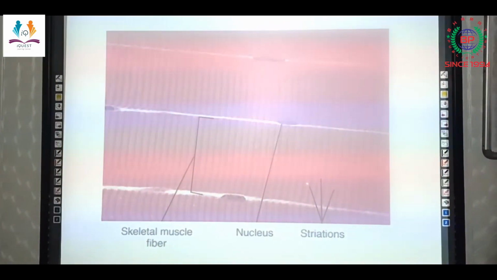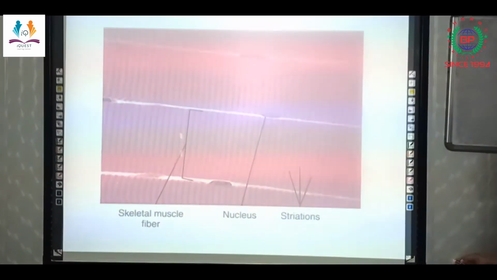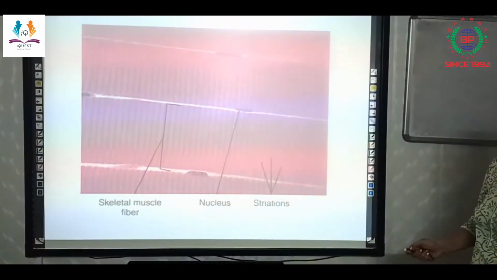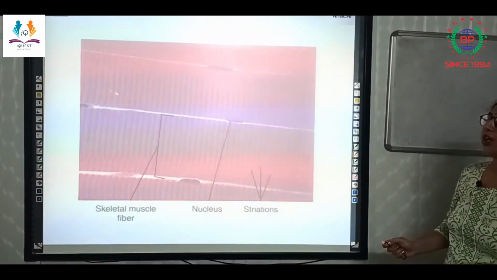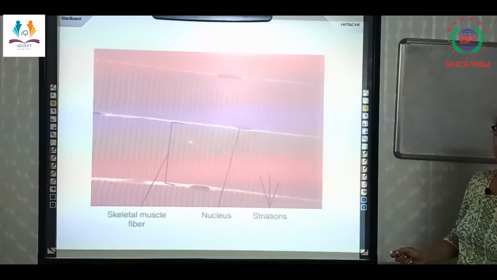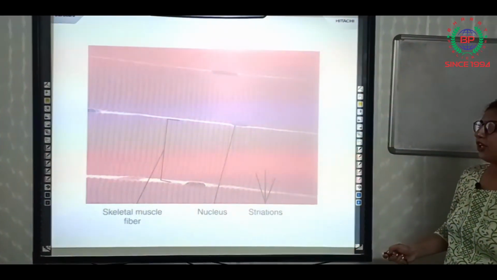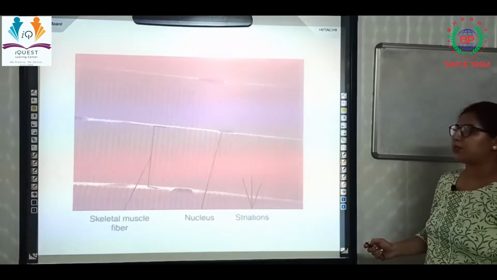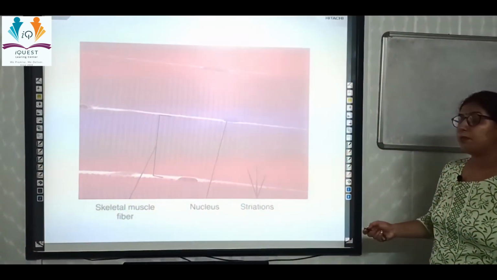All the voluntary actions which are in our control occur due to these skeletal muscle fibers, because they have these striations, and they have the contractile proteins, actin and myosin. That contractile protein, actin and myosin, helps in the contraction of the muscle, which helps us in movement.